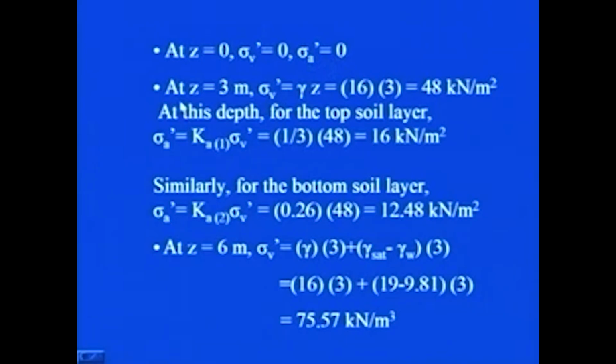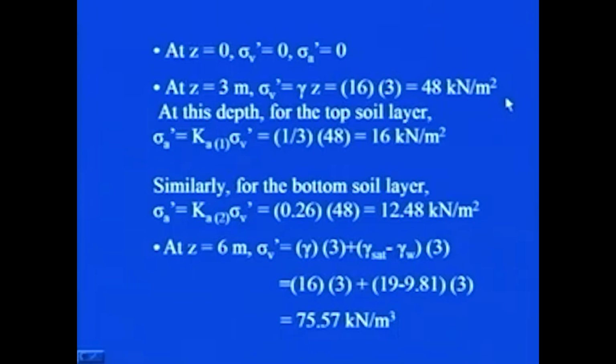Now, at 3 meter depth there is the water table, so we will divide this problem into two parts. At z equal to 3, sigma V prime is gamma times z. Gamma is 16 kilonewton per meter cube, into 3, which results in 48 kilonewton per meter square.